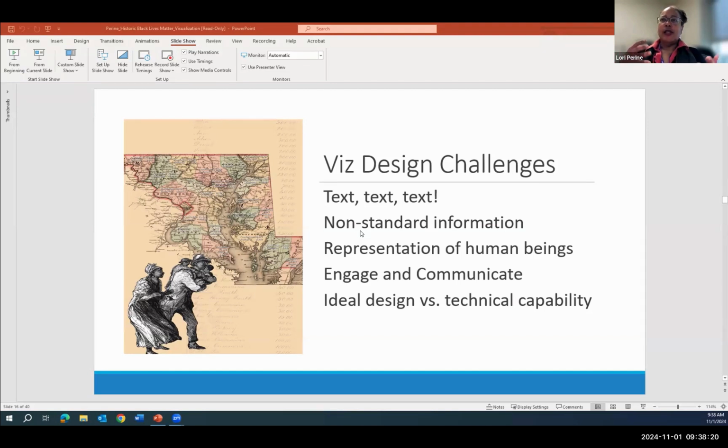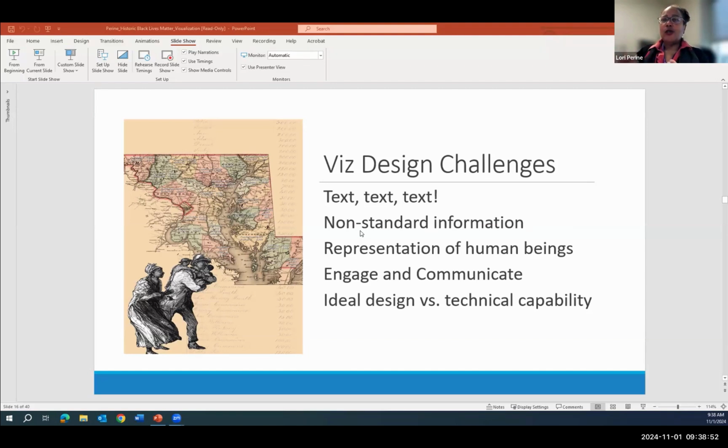And then, as always, when you think about designing these dashboards, you think about all the wonderful, fabulous things you might possibly do, the idealized design versus what actually is technically possible, especially given the data that we have, but also given part of our objective here is to teach and to learn and to allow others to use the same or similar techniques.